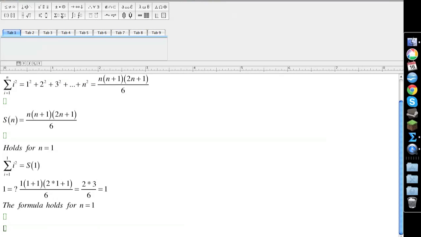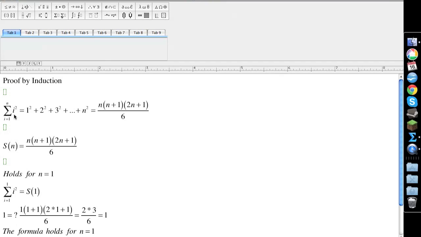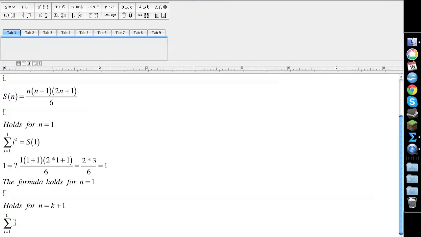So now is the next step, which is called the induction step. I have to check if the formula holds for n equals k plus 1. So what I do here is take this sum right here, and I find a formula for n equals k first.